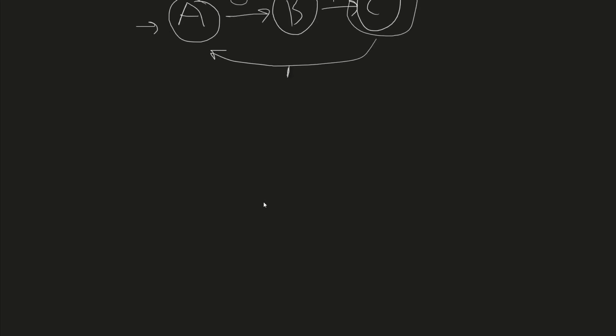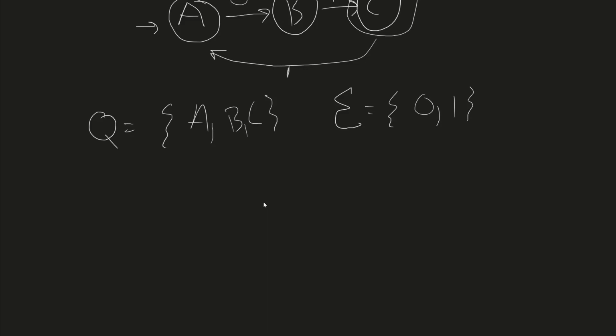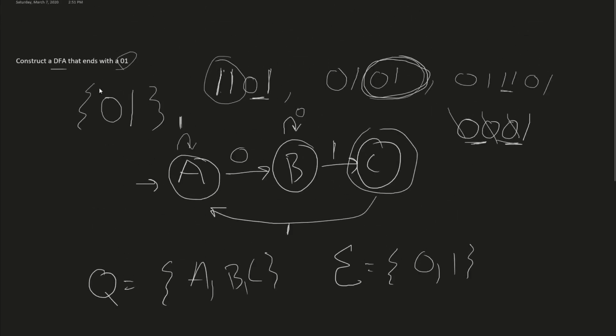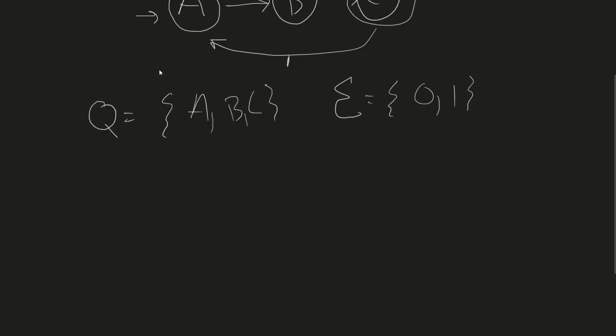So now let's do the formal definition of this. Q has three states, A, B, C. Sigma is 0, 1, right? We're only accepting strings with 0, 1. Basically, this indicates our alphabet, zeros and ones.